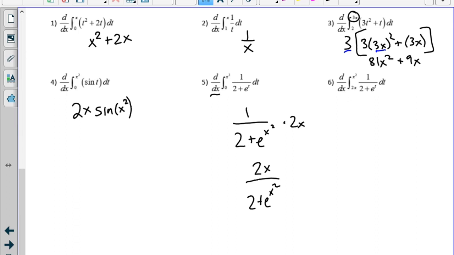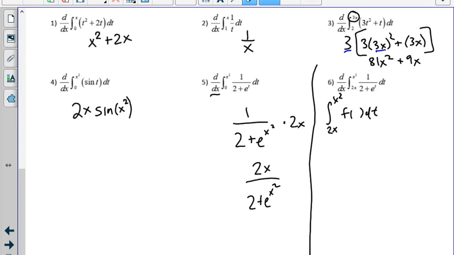Finally, number 6, this is one where we have 2 variables here, so we have to kind of break this up. So recall that the integral from 2x to x squared of some function, actually I should put a t in there. So the integral of some function with 2 variables, we can break this up into the integral from 0 to x squared of f of t dt minus the integral from 0 to 2x f of t dt.